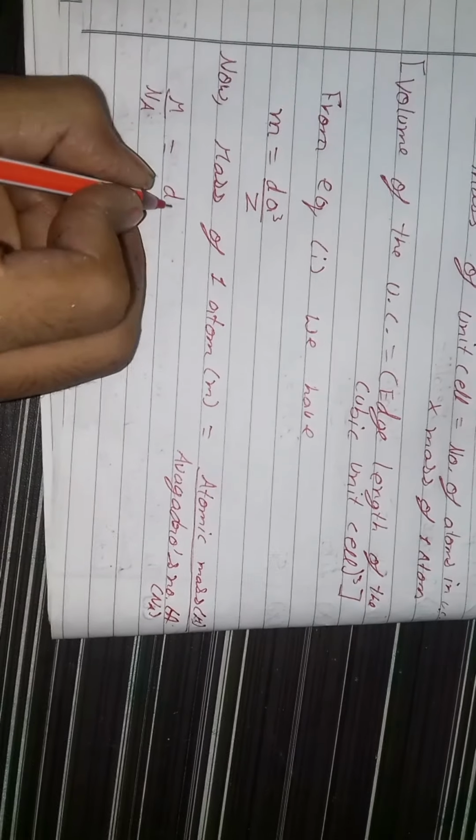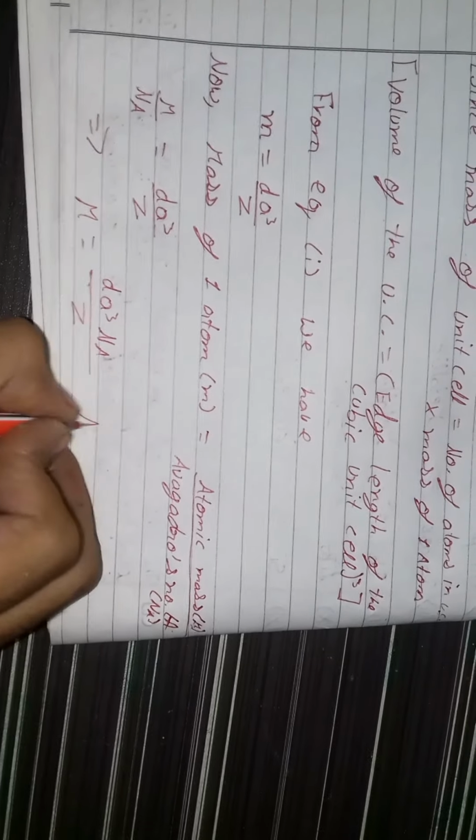And now we will substitute the value of m by this, then we will write here M by N_A is equal to d a cubed by Z. So what will this become? M is equal to d a cubed N_A by Z. This is the answer.